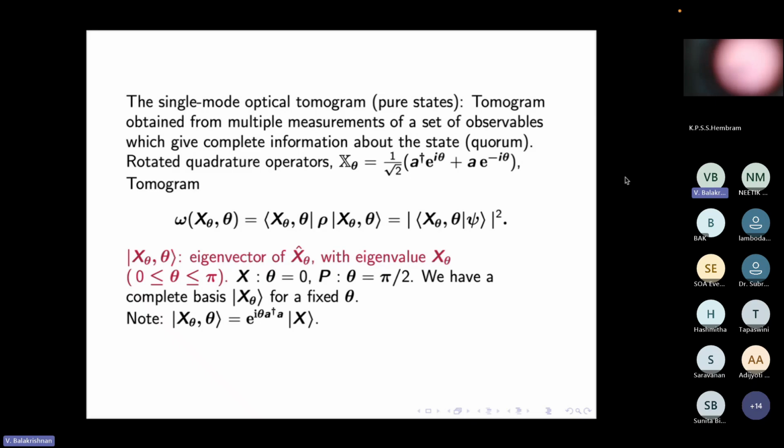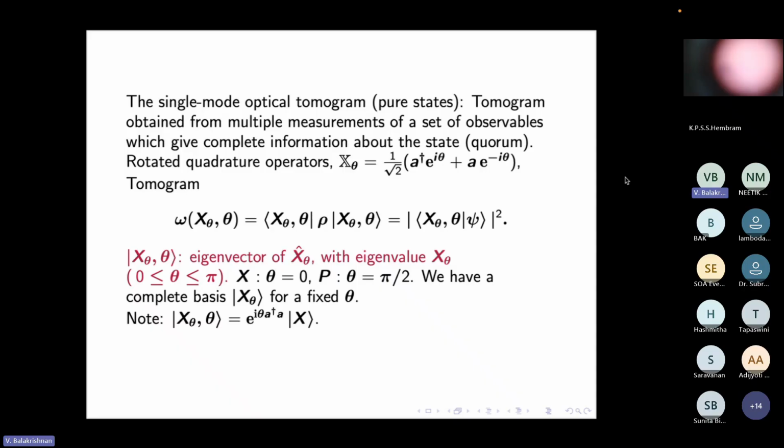Look at the last line. The ket x theta, theta is e to the i theta a dagger a on ket x. In this context, you will not refer to x as position. You would refer to x as the field quadrature, the x quadrature, because we are now talking about the electromagnetic field, which when quantized gives photons.